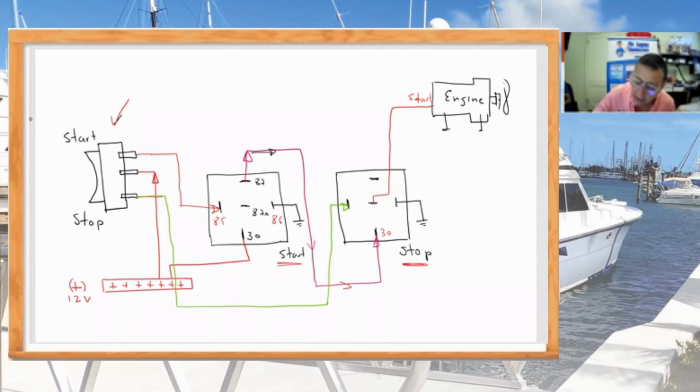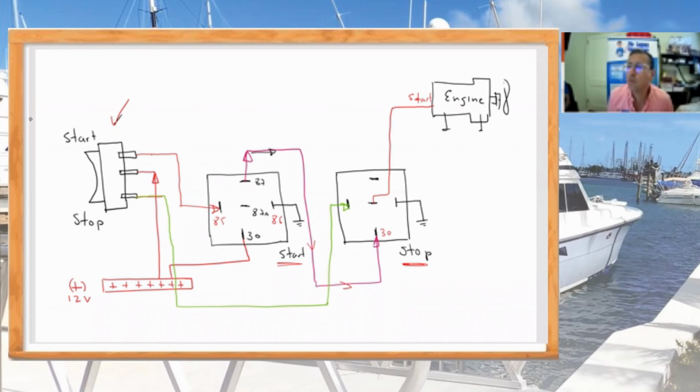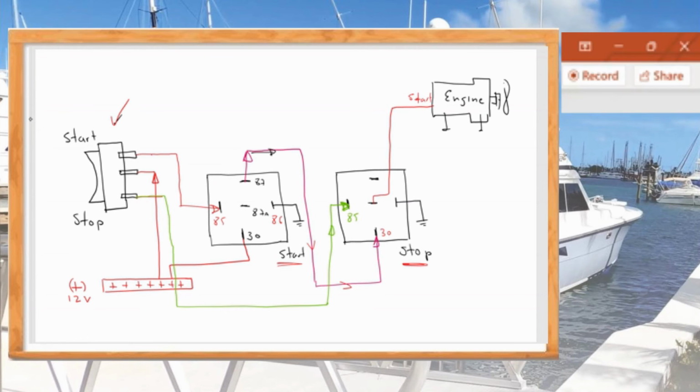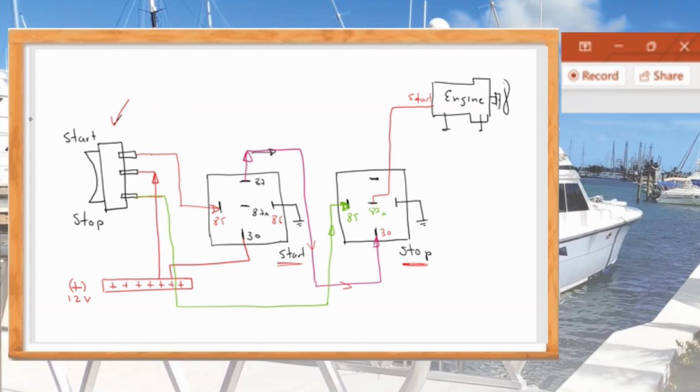Yes or no? Yes. And what happened in that moment when the current entered the green cable? What happened when the current entered here in the terminal 85 of the second relay? It severs the connection between 87A and 30, and that stops the engine. Correct. Open the connection between 30 and 87A, and the engine stops.